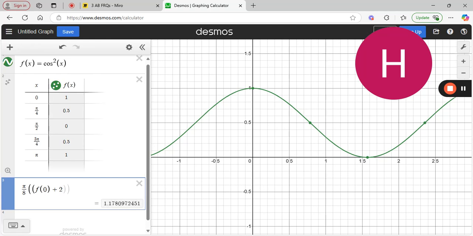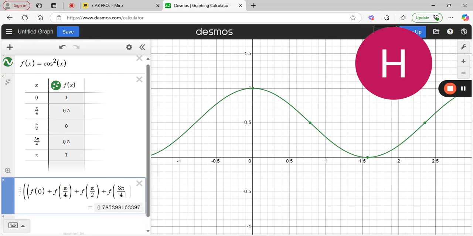Like if we were doing rectangles LRAM, this would just be plus f of pi over 4, plus f of pi over 2, plus f of 3 pi over 4, and then I would stop there. I wouldn't use the last endpoint. Yeah, this would be it. RRAM, you would do the same, but be plugging in pi. So it's very easy to evaluate, as long as you know how it's supposed to be written out.